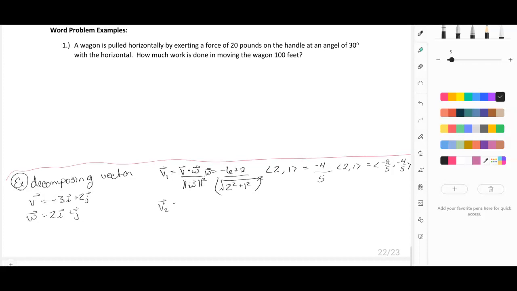V2 is V minus V1. So I'm going to take negative 3, 2. Now I'm going to subtract negative 8 over 5, negative 4 over 5.